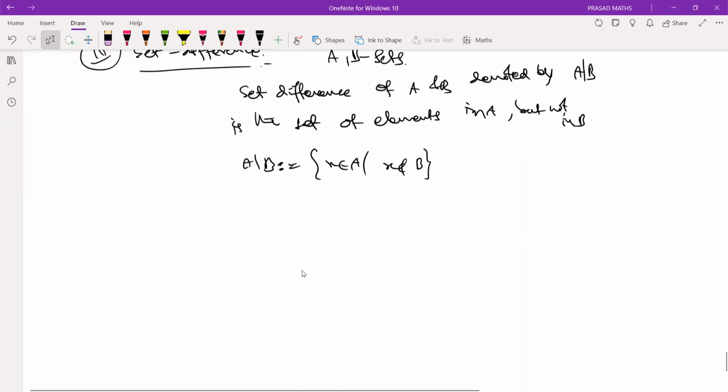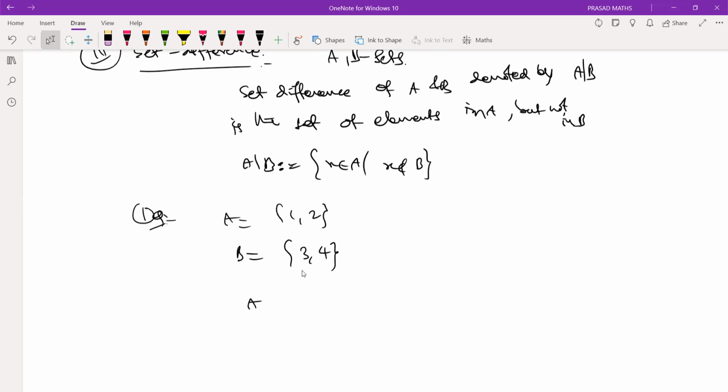Yes or no? So suppose you take this example: A is equal to 1, 2, B is equal to 1, 3, 4. What is A minus B? The elements 1 and 2 are in A. 1 is an element in A but not in B. 2 is an element of A but not in B. Yes, sir, 1, 2.